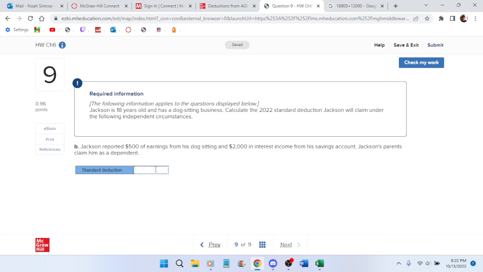Dude, why is it called standard deduction? He's a dependent. What? This is such a fun question. This topic wasn't even in the textbook, was it?